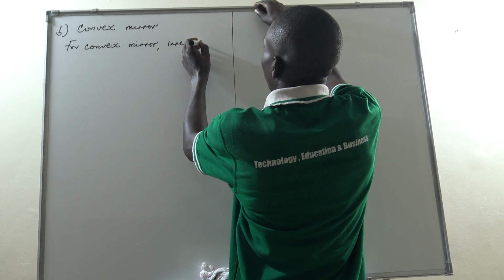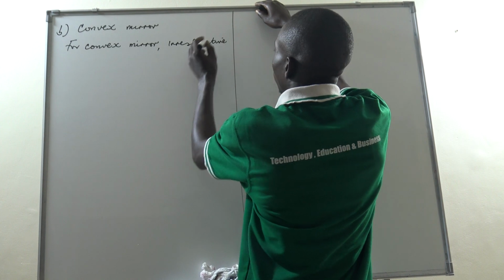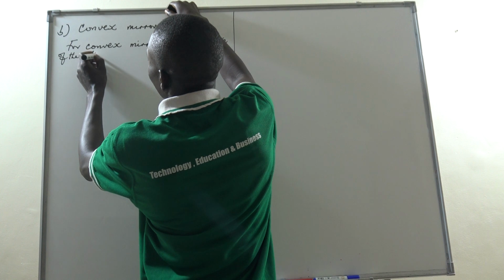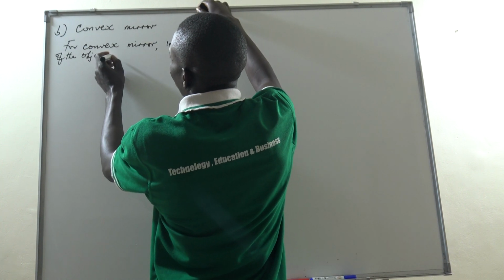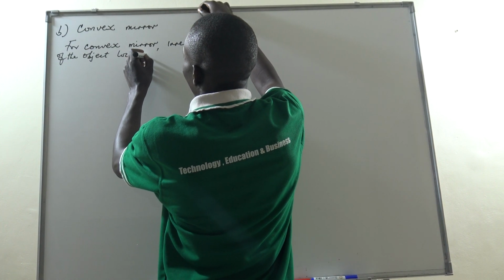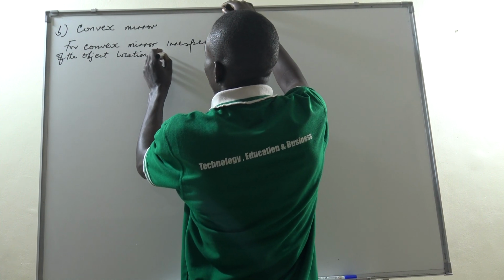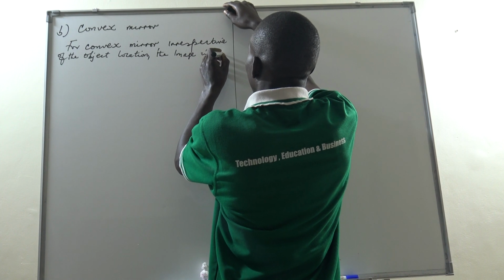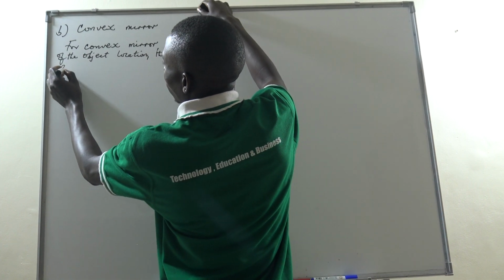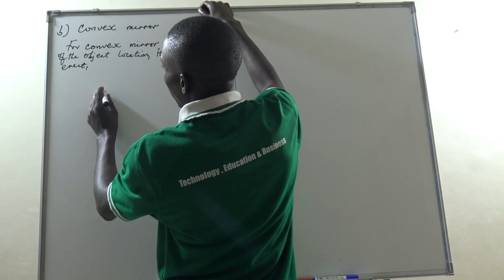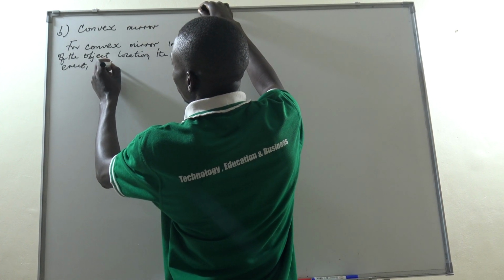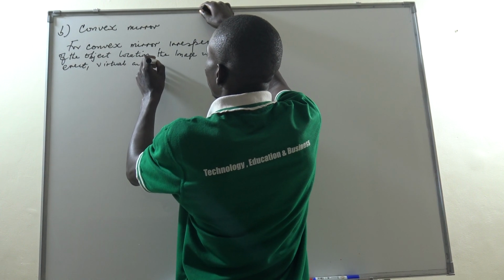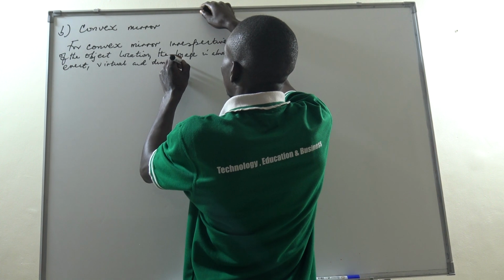irrespective of the object location, the image is always erect, virtual, and diminished.